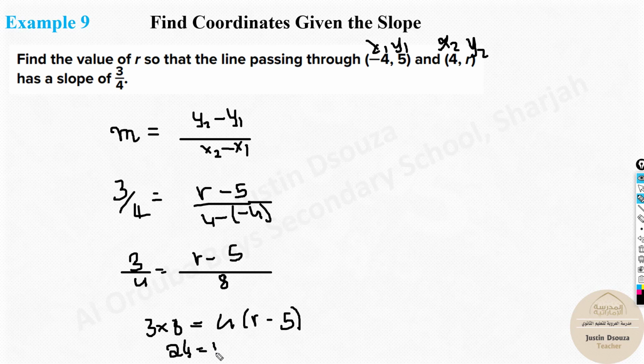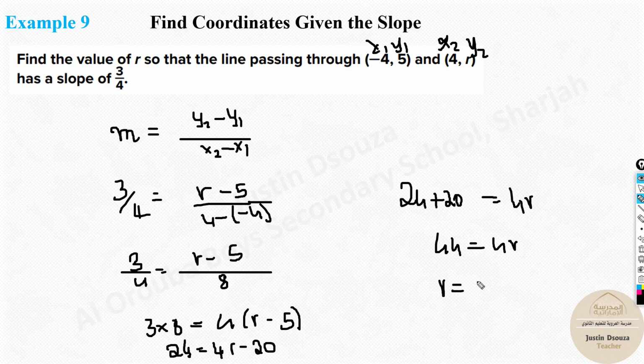That is equal to 4r minus 20. Why? Because 4 times 5 is 20, and it's negative over here. Take this 20 to the other side. It will be 24 plus 20 equals 4r. It will be 44 equals 4r. r is equal to 11, because 44 divided by 4 is 11. So the r value is 11 over here.